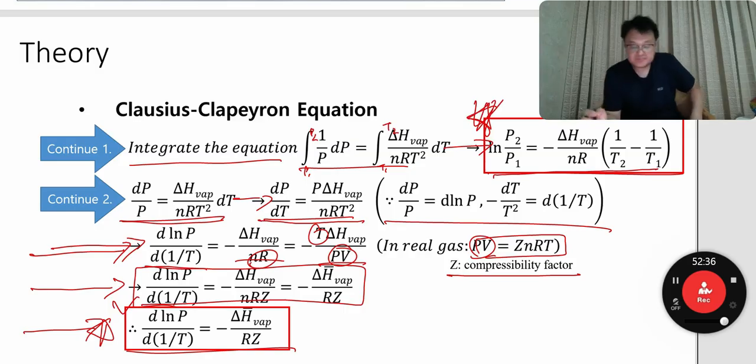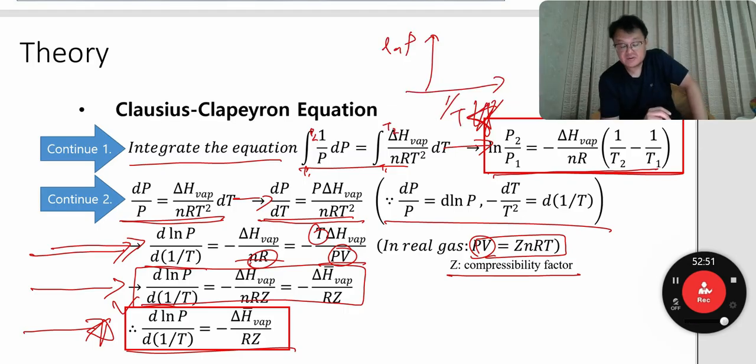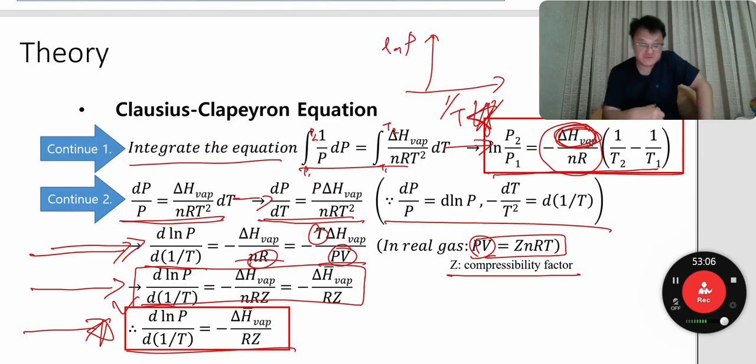So when you have logarithm of pressure on the y-axis, and 1 over T on the x-axis, then the slope will be minus delta H of vaporization over nR. So you'd like to actually get this molar heat of vaporization, right? And this is basically meaning the same thing.